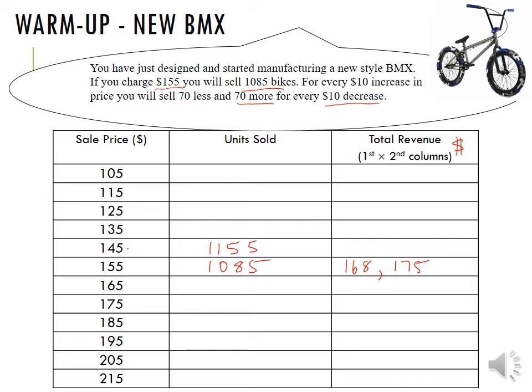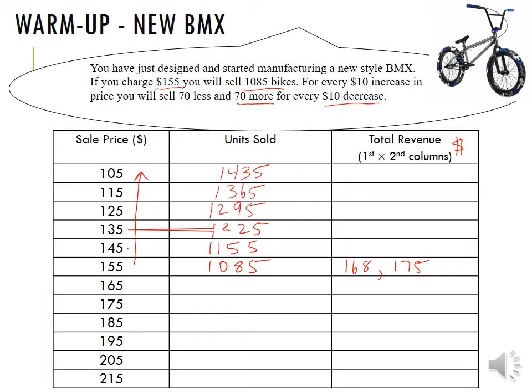And then every $10 decrease in price, as I go this way, I'm going to keep adding 70. So if I add 70 to the next one, 1225, ignore that little pen squiggle there, and if I add 70 more, 1295, and if I add 70 more, 1365, and 70 more, 1435.